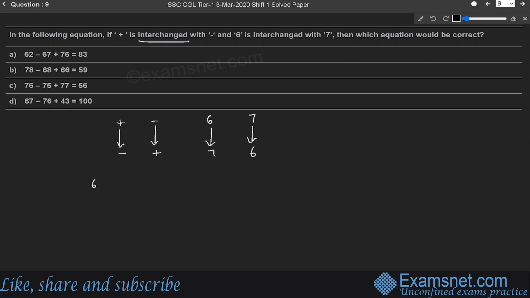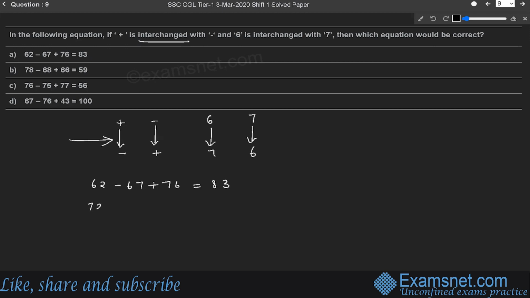First option is 62 minus 67 plus 76 is equal to 83. Now, here we have to consider all these given conditions: plus will be changed to minus, minus will be changed to plus, 6 will be changed to 7, and 7 will be changed to 6. So the first number is 6. In place of 6, we have to put 7.